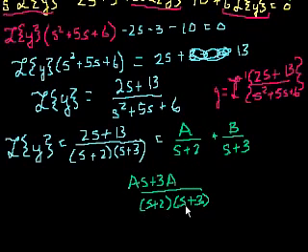As I've written it right now, this is the same thing as a over (s plus 2); you could cancel out an (s plus 3) on the top and the bottom. Now we're going to add the b to it. Plus, if we have this as the denominator, we could multiply the numerator and the denominator by (s plus 2), to get bs plus 2b.